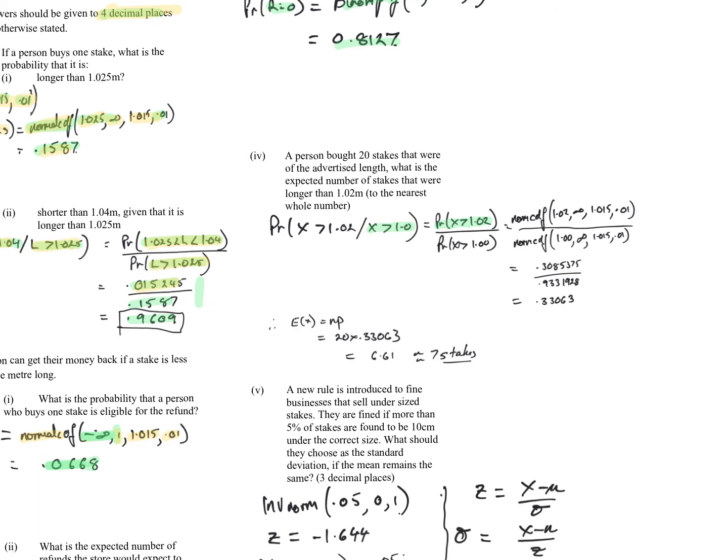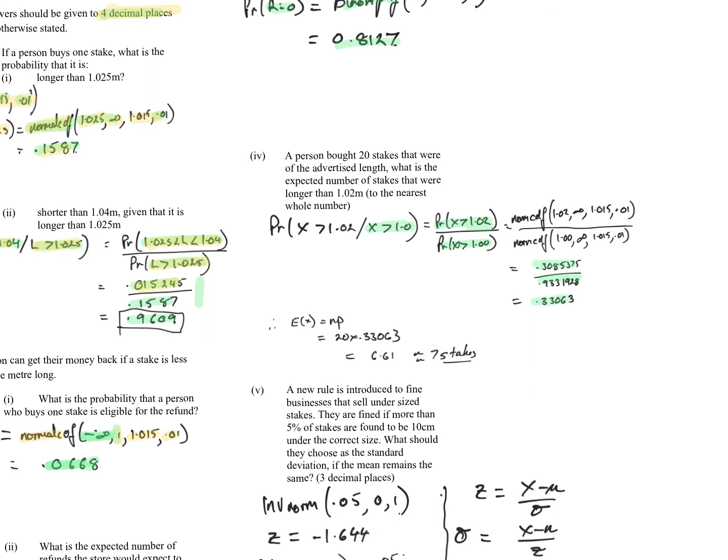So in other words, they were at least 1 metre. First time through I didn't pick it up. So now we're looking for greater than 1.02 and greater than 1. So greater than 1.02 is the intersection over greater than 1. And if we pop that in on our calculator, we'll get 0.33063.